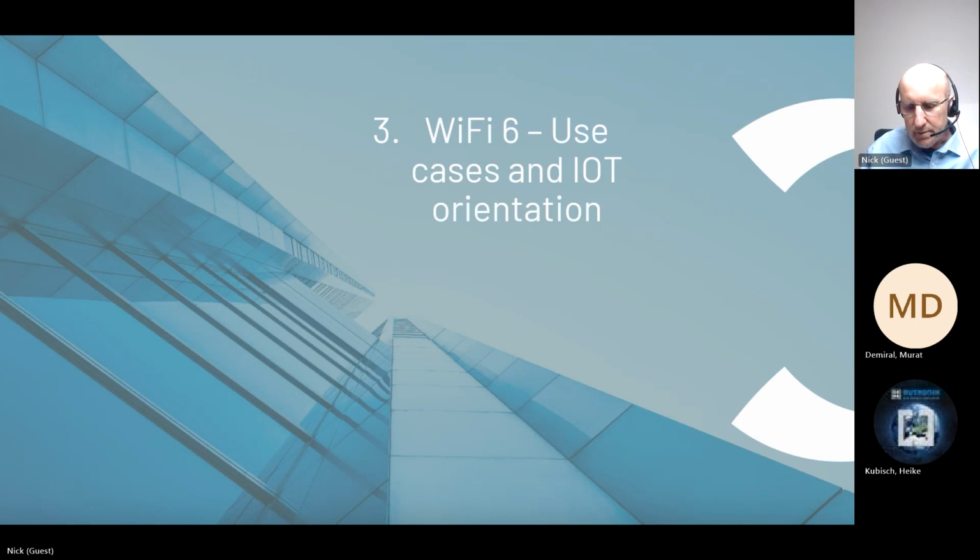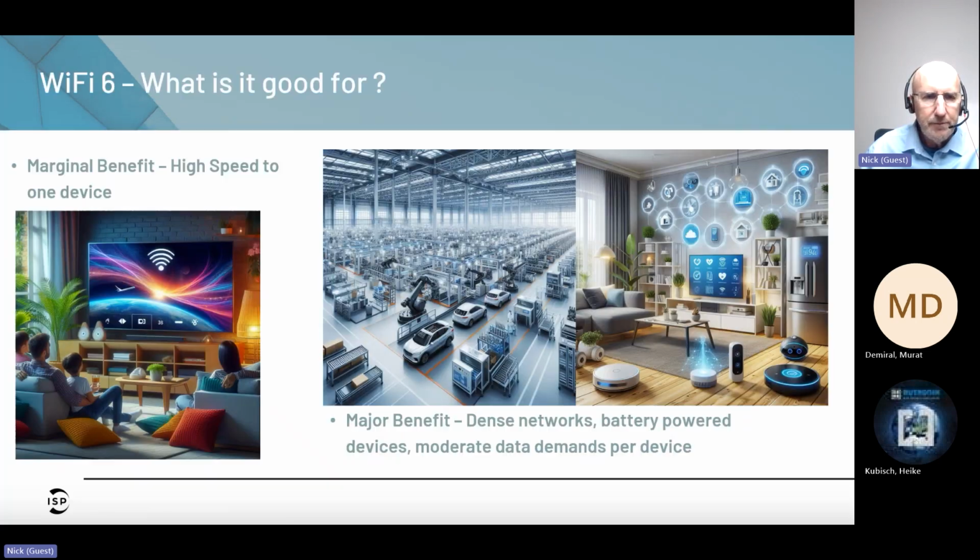So that's all a lot of interesting technical whatnot, but the question is, what does it really mean in practical terms, and what's this got to do with IoT? Well, what is Wi-Fi 6 good for?